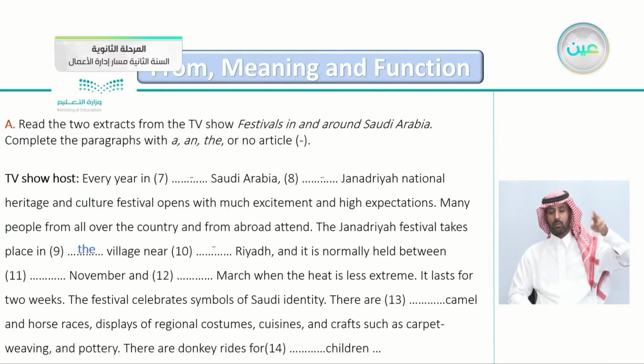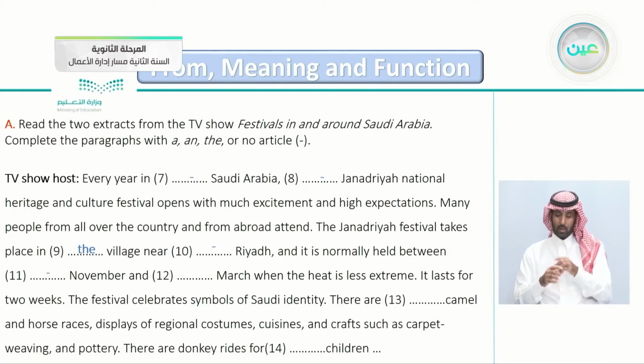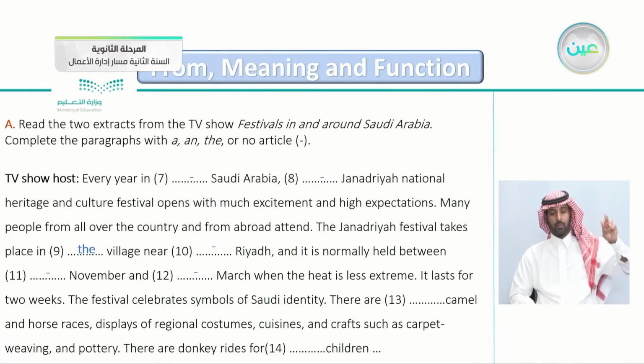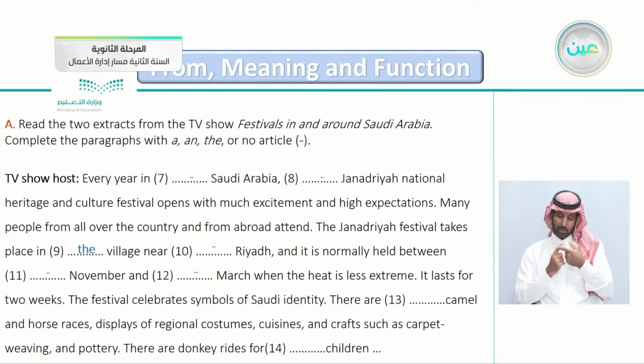And it is normally held between November and March. Yes, there are months here, we don't put anything, no article at all. When the heat is less extreme, it lasts for 2 weeks. The festival celebrates symbols of Saudi identity. There are camel and horse races.